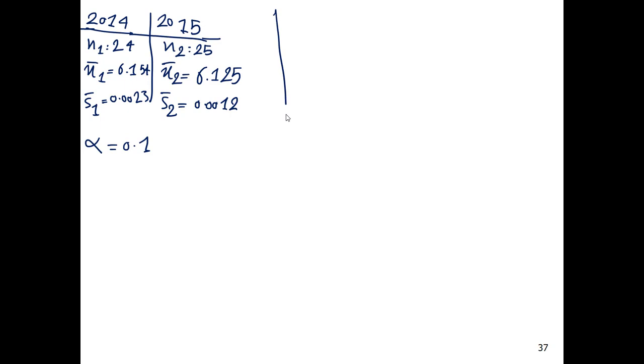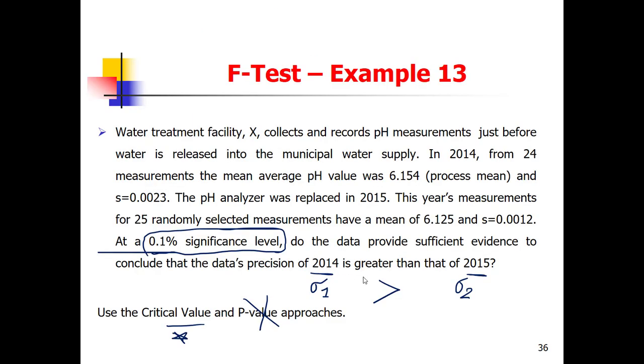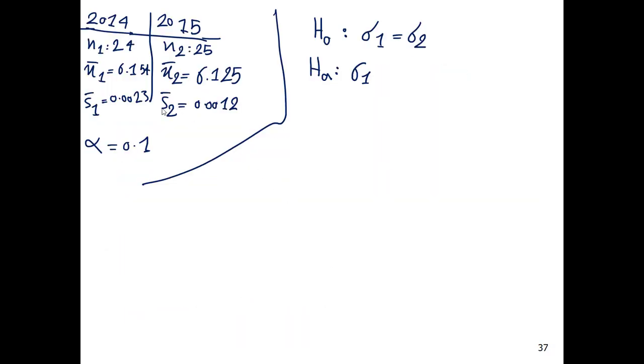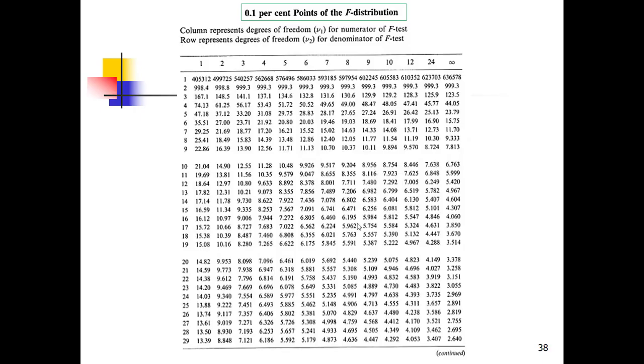So now, the null hypothesis: the standard deviation, or precision, is the same. The alternative hypothesis is that the precision in 2014 is bigger than 2015.